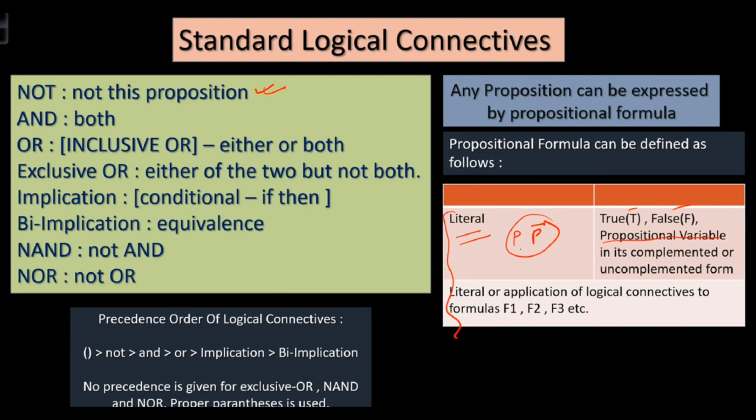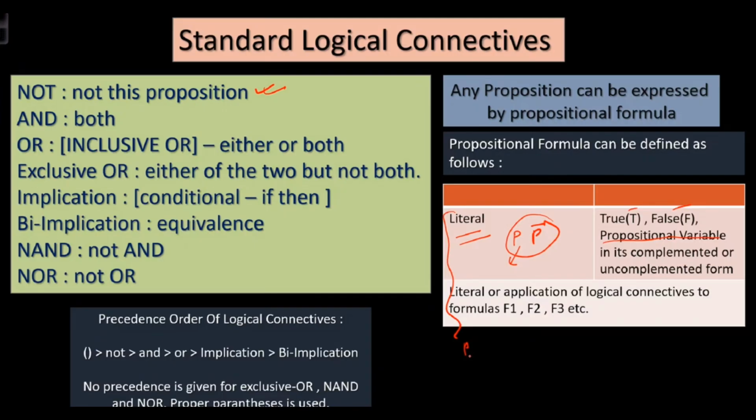Anyway, it is just one simple atomic proposition or propositional variable that represents one atomic proposition. So even just one literal is itself a propositional formula. Whatever you get after connecting through logical connectives is also one.